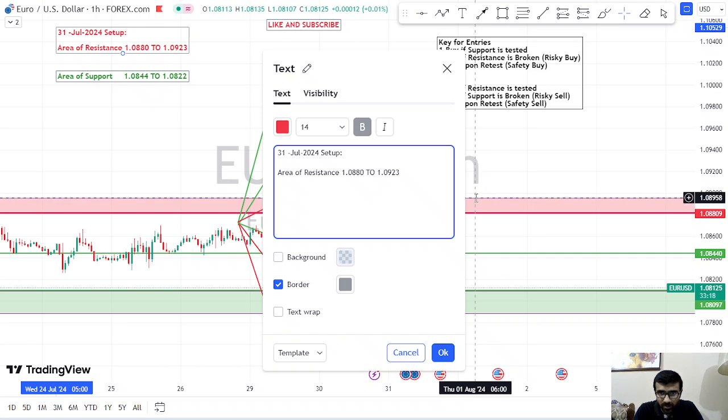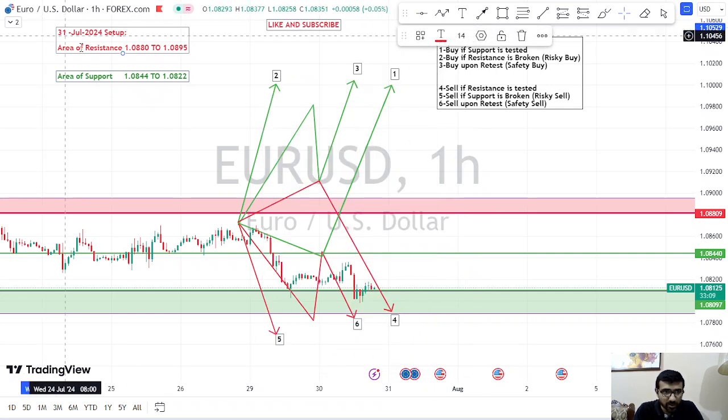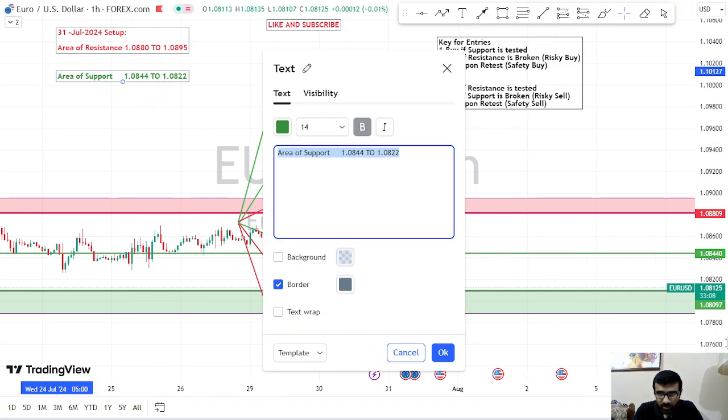The top area of resistance is 1.0895. Okay. So the major area of support is 1.0809, and the major area of support is 1.0788.